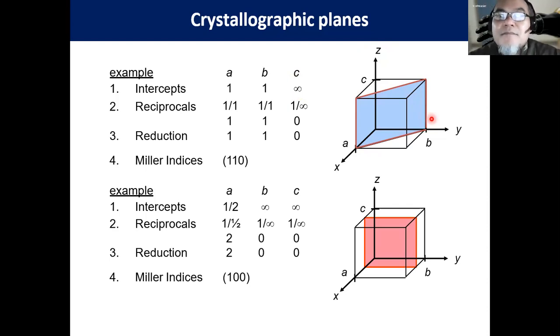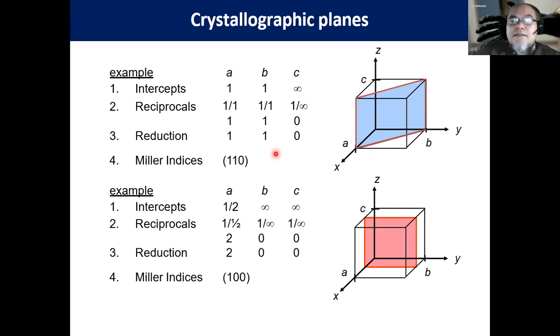So we take reciprocals of 1, 1, infinity: 1 over 1, 1 over 1, 1 over infinity. This becomes 1, 1, and 1 over infinity becomes 0. After that, we reduce: still 1, 1, 0, so no possible reduction. Then we write these three numbers without commas within parentheses as the (110) plane.